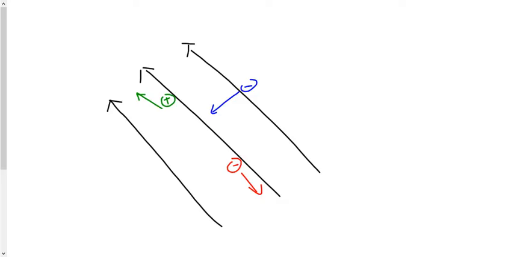The force is acting opposite to the direction of the field, right? Now, what's the shape of the path? It's going to go somewhere in between, and it's going to look something like this. What's that called? It's a parabola, just like projectile motion that we did back in Physics 20.